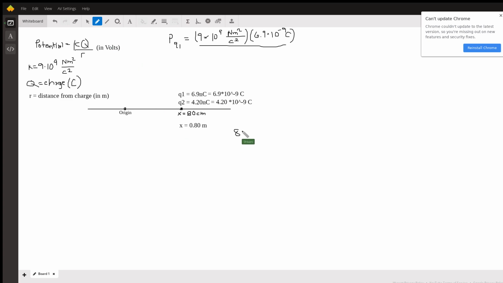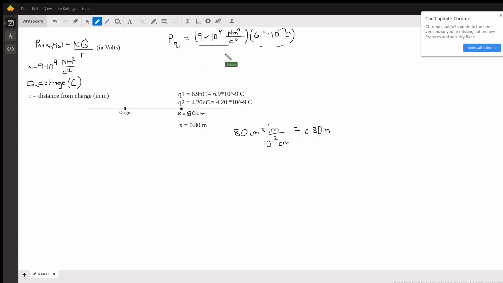So 80 centimeters times 1 meter over... sorry, it's the other way around. It's 10 to the 2 centimeters. So 80 centimeters times 1 meter over 10 to the 2 centimeters gives us 0.80 meters. I just wanted to show that real quick.